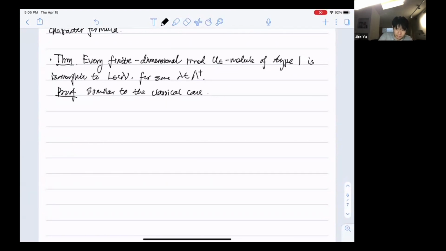So we can write V as the sum of its weight spaces, and let lambda be the maximal weight. So we know that the weight vector V lambda is not equal to 0, and this is clearly primitive.